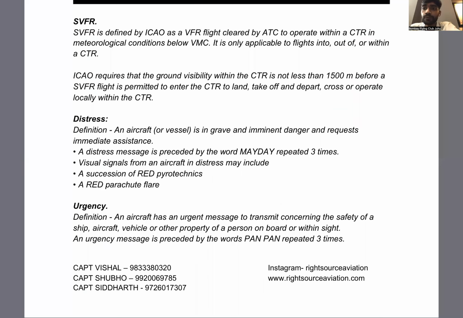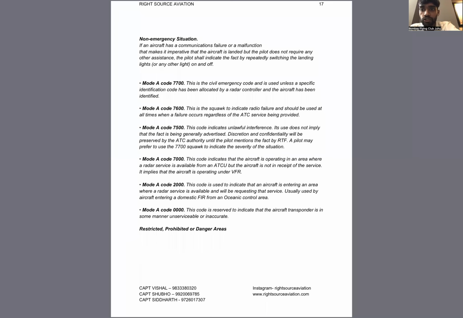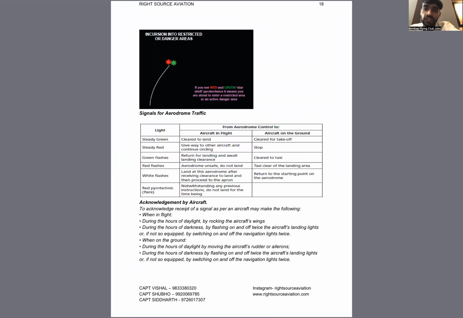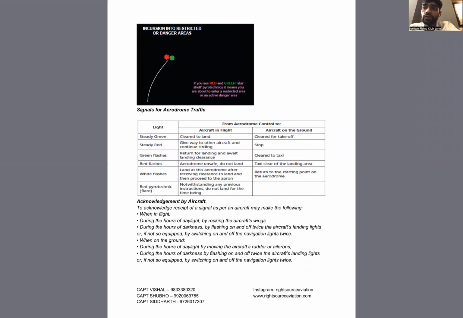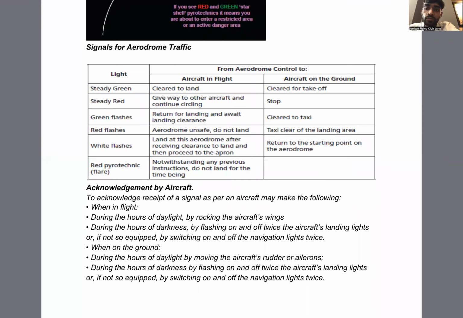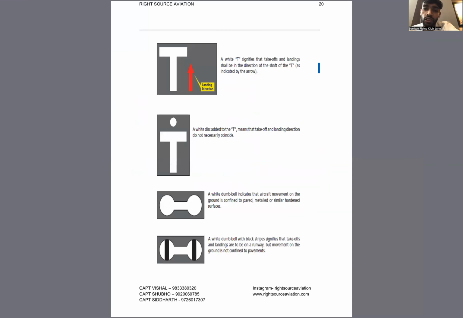Then we understood the lights displayed by the aerodrome tower, steady green, steady red, green flashes. And thereafter, some symbols known as visual signboards or signs. So this was the end of the chapter.